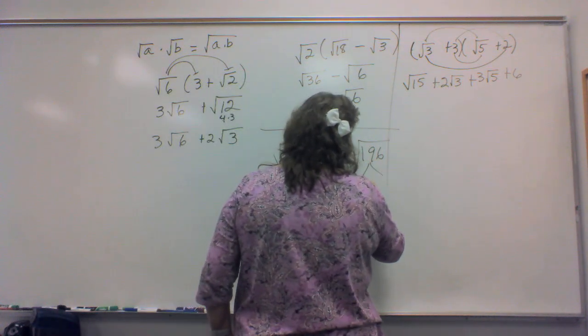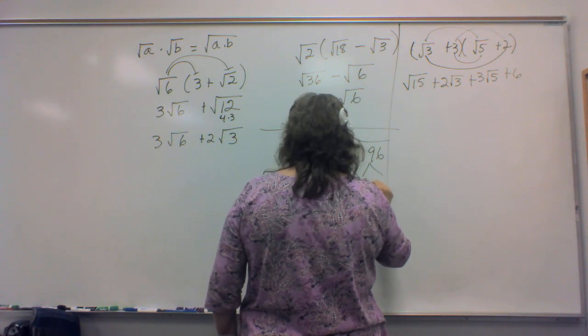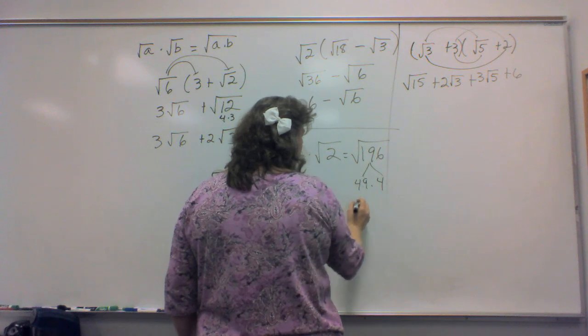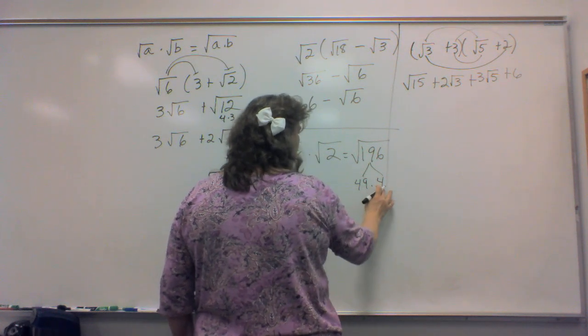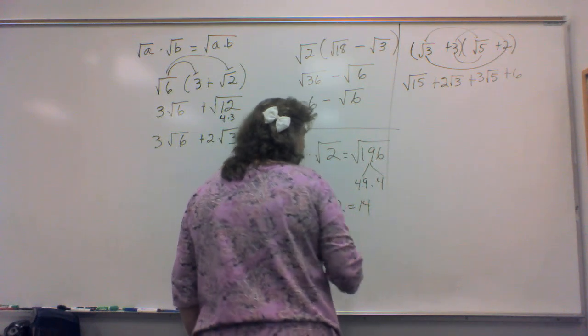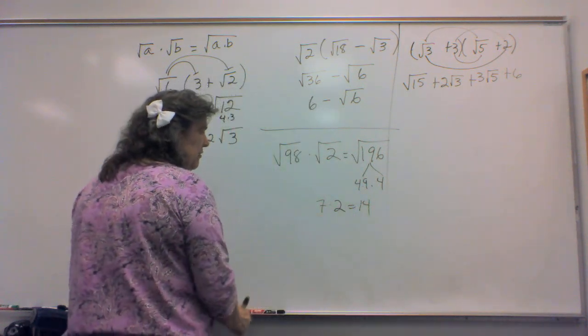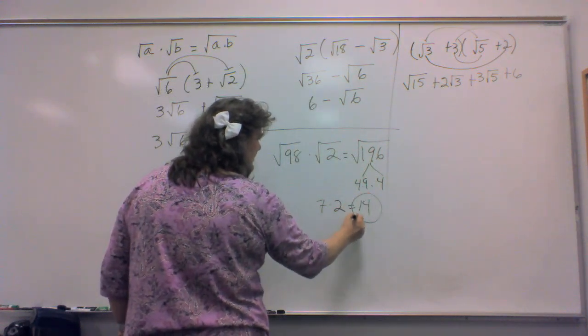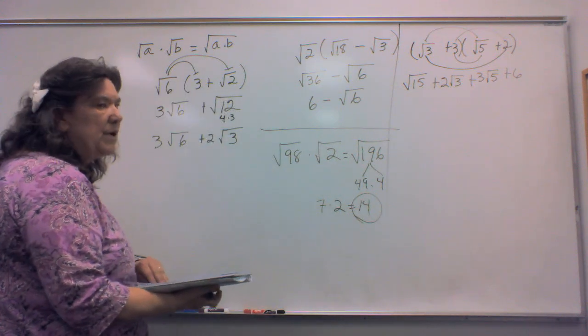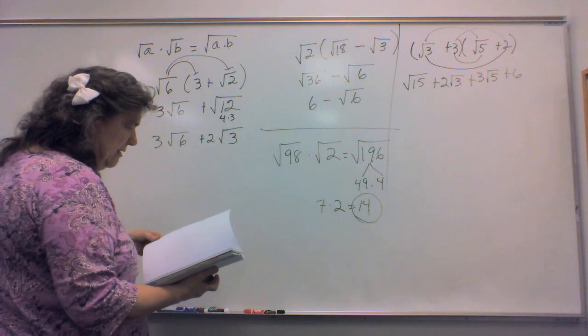This would be 49 times 4. 49 is a perfect square of 7, 4 is a perfect square of 2, so this is 14. Therefore, the square root of 196 is equal to 14. It just simplifies all the way down. Kind of nice.